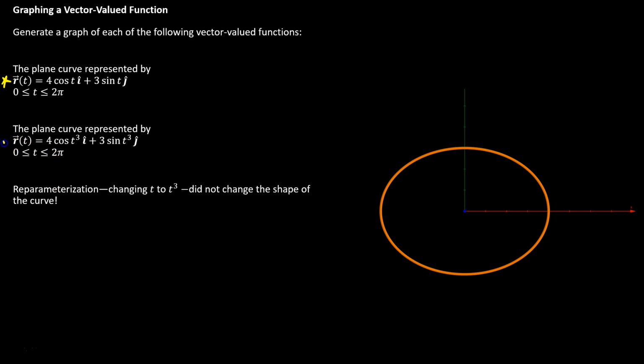So notice that the second vector function that I have here is different than the first because it has t cubed. In fact, I could change this completely to a different letter, like s, so that it's not even t anymore, it's s cubed. And the graph would look exactly like it did before. So this is something that we will use in the future: the fact that we can change the parameter within a vector function without changing the shape of the curve.